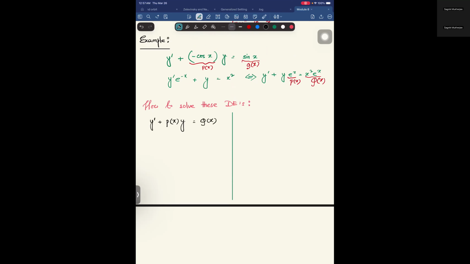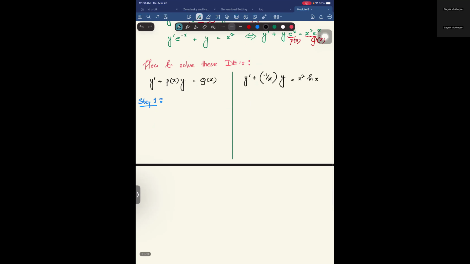Let's take a typical example. Maybe you can take this one. y prime minus 1 over x y equals x squared log x. So first of all, step 1, find the integrating factor.